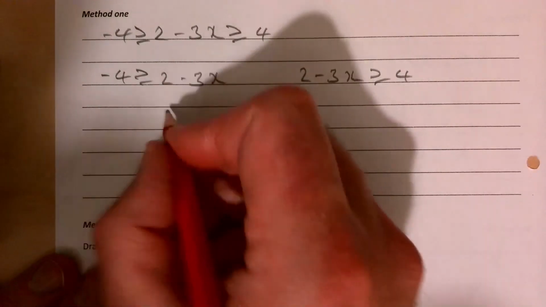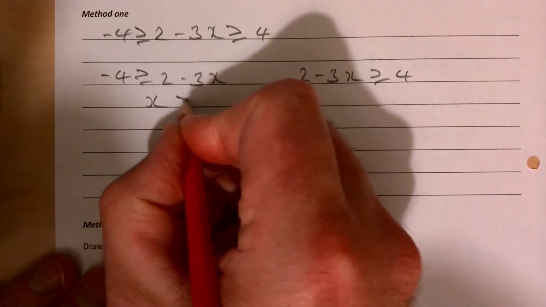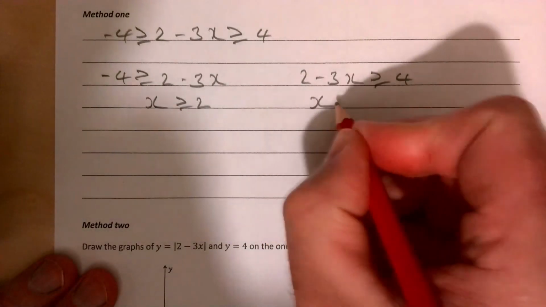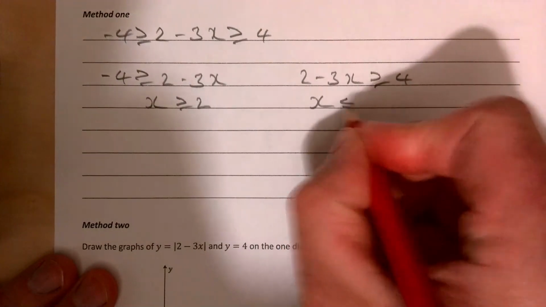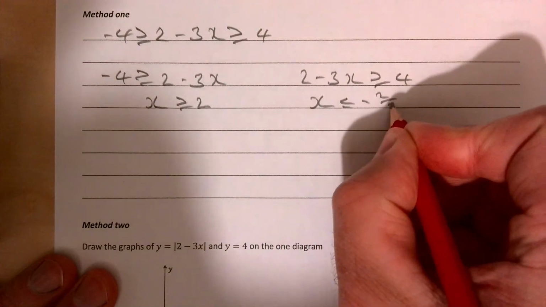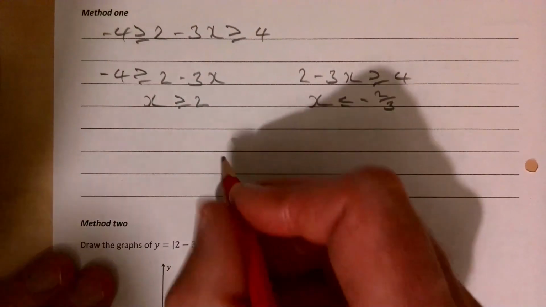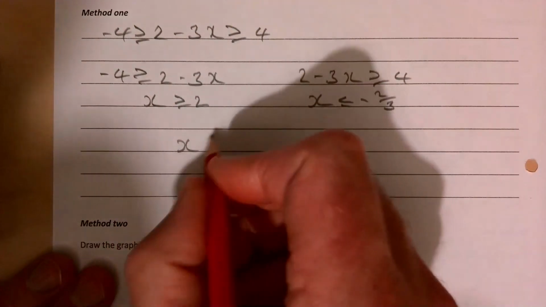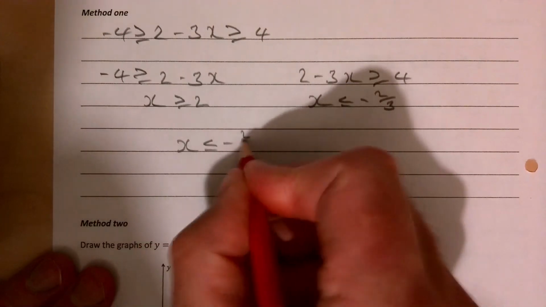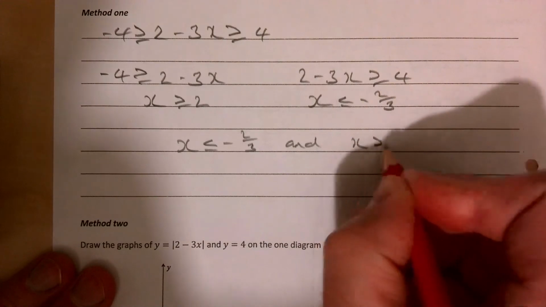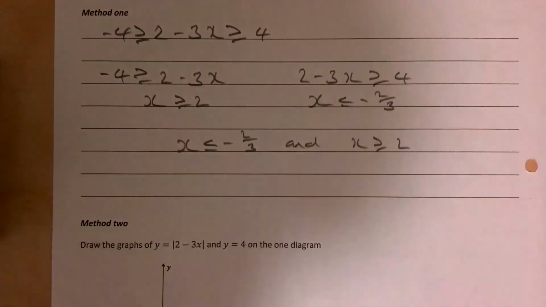Rearranging and solving this, we get x greater than or equal to 2. I'll leave that for you guys to solve. And then for the next one, this one, x is less than or equal to minus 2/3. So this is two different regions here, so we keep them separately. So we will have x is less than minus 2/3, and x is greater than or equal to 2.